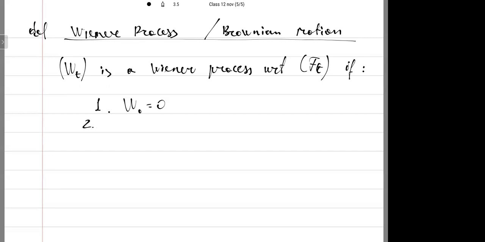Second property says that increments are independent.